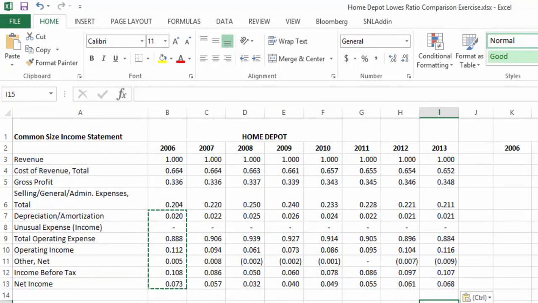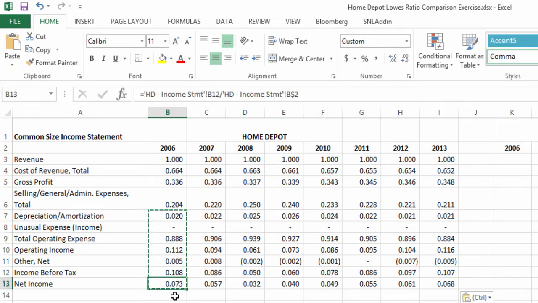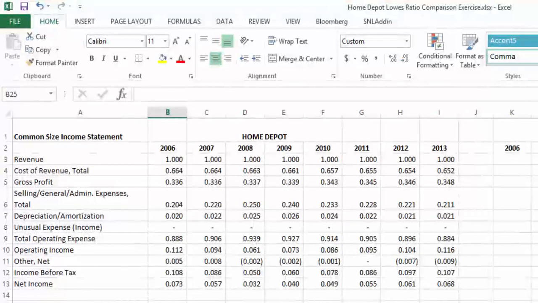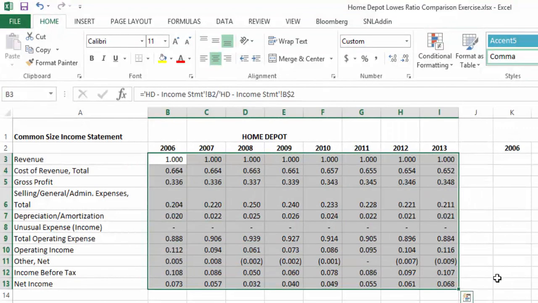By the way, I should point out that a lot of times, for instance with the net income number, instead of it showing up as 0.073, it'll show up as just 7.3. So it'd be as if we took all of these numbers here and multiplied them by 100.